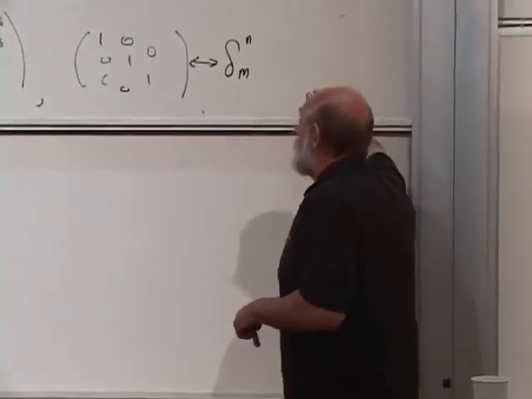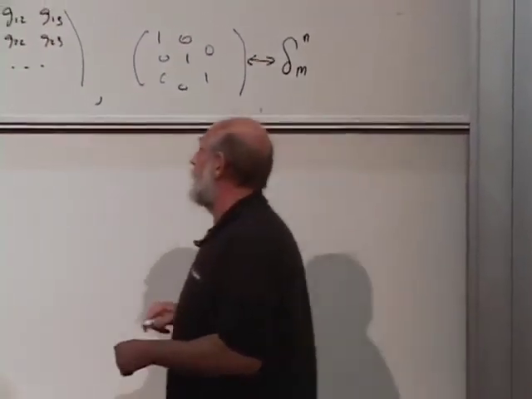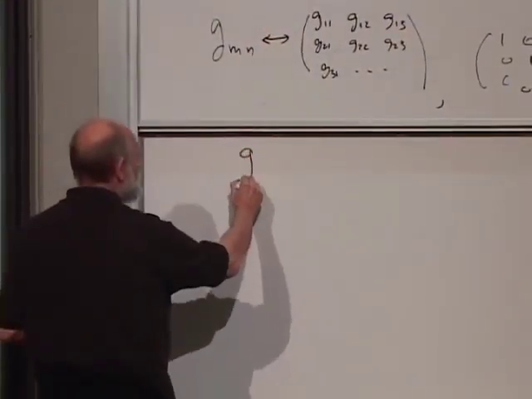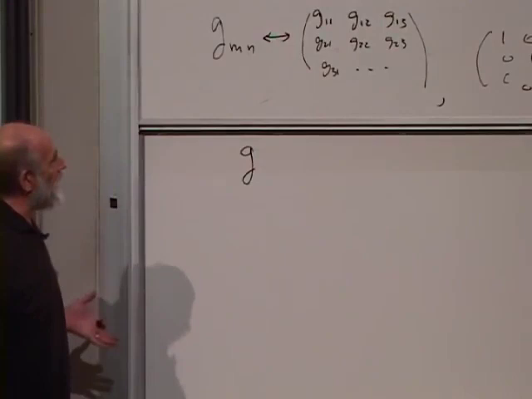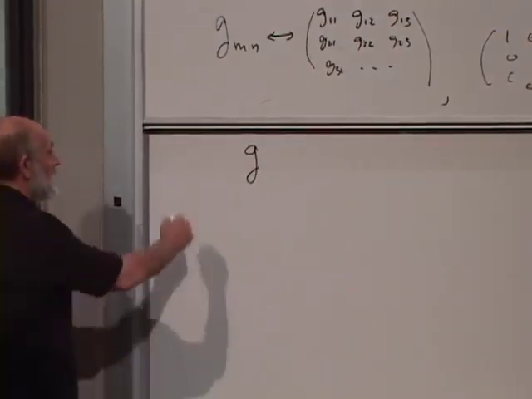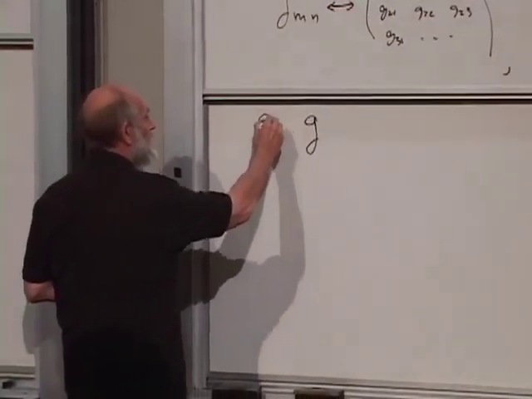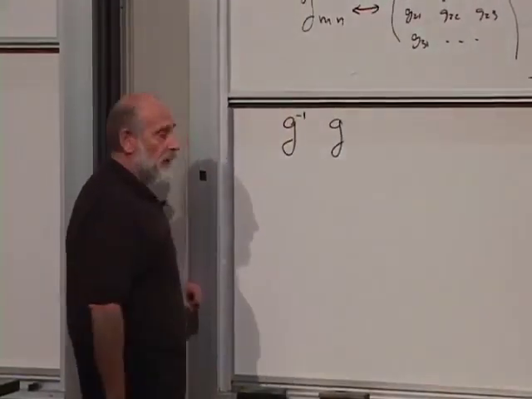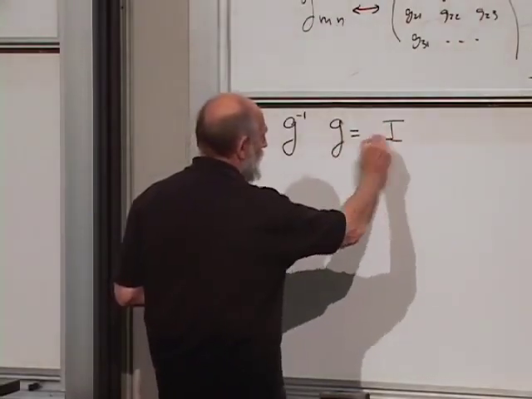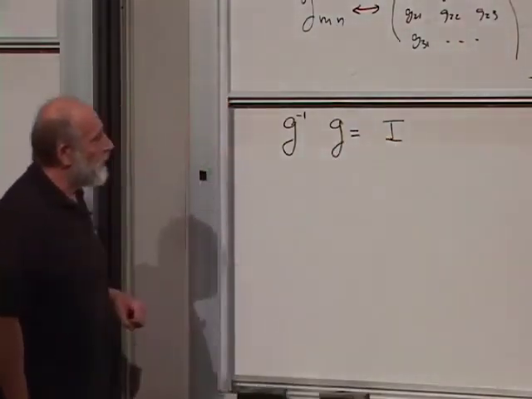Now, to say that there's another matrix, let's just call this matrix G. Let's not indicate any indices at all, and let's just think of it as a matrix. There's another matrix, which is the inverse matrix, and the product of the two matrices is the unit matrix.